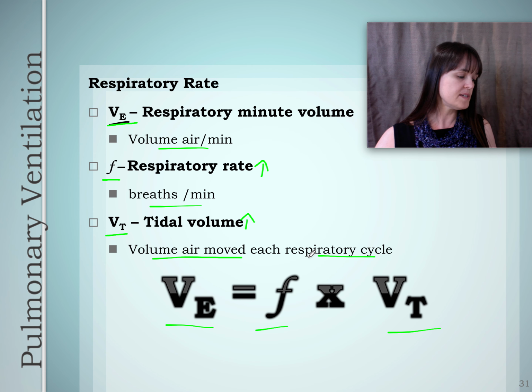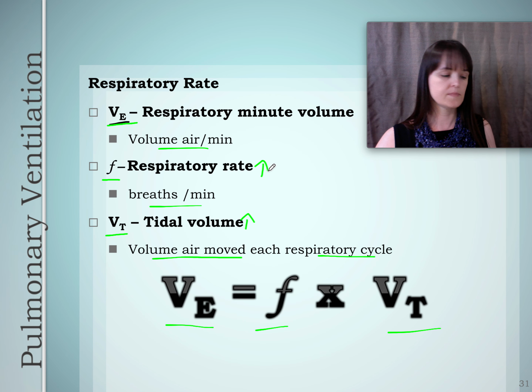Now, under maximum stimulation, these can increase too. Respiratory rate can increase to 40 to 50 breaths per minute. And the tidal volume can increase to 4.8 liters per breath. We went from 500 milliliters per breath, which is half a liter, to 4.8 liters per breath.